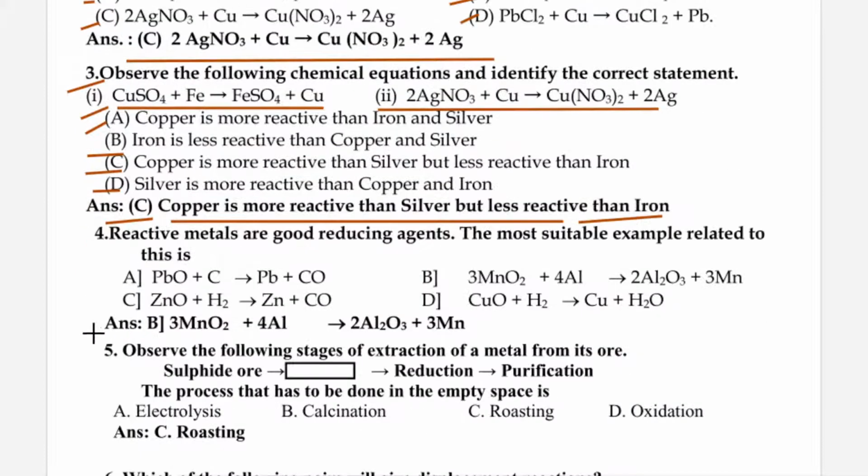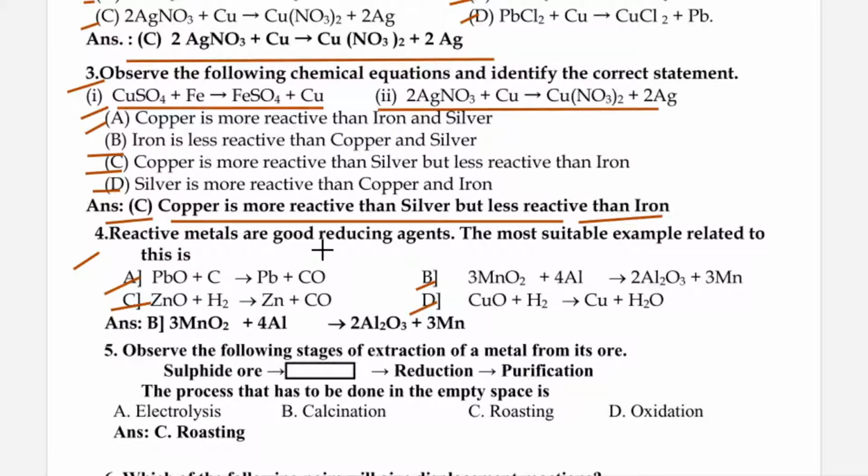Next one. Question number 4. Reactive metals are good reducing agents. The most suitable example related to this is option A, PbO plus C gives Pb plus CO. Option B, 3MnO2 plus 4Al gives 2Al2O3 plus 3Mn. Option C, ZnO plus H2 gives Zn plus CO. Option D, CuO plus H2 gives Cu plus H2O.